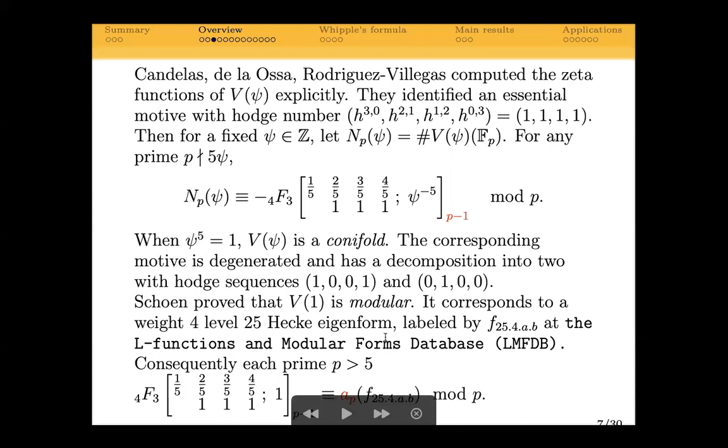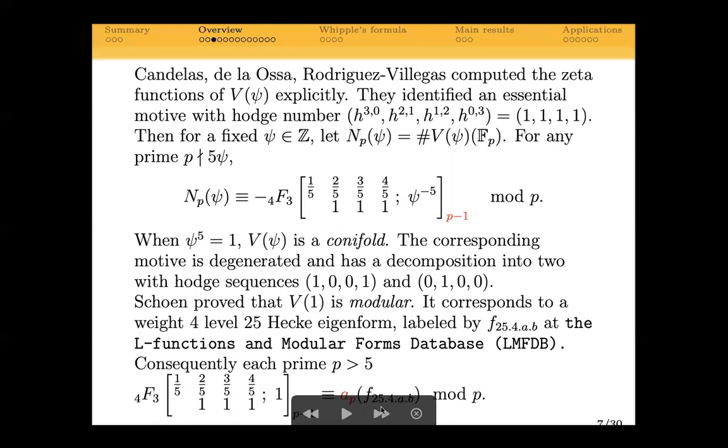The label in the L-functions and modular forms database is 25.4.a.b, where 25 stands for the level, 4 is the weight, a means it's a trivial character, and b is the second one. If I interpret the generic congruence using this new idea of modularity, what we will get is basically the same right-hand side, I write it down, and the minus side goes to the other side as negative. The a_p stands for the p-th coefficient of this modular form, modulo p.